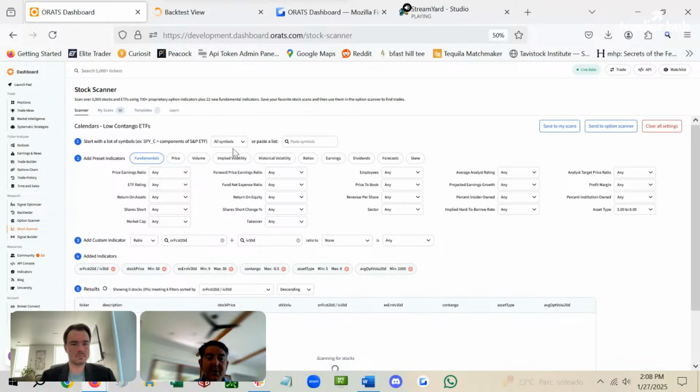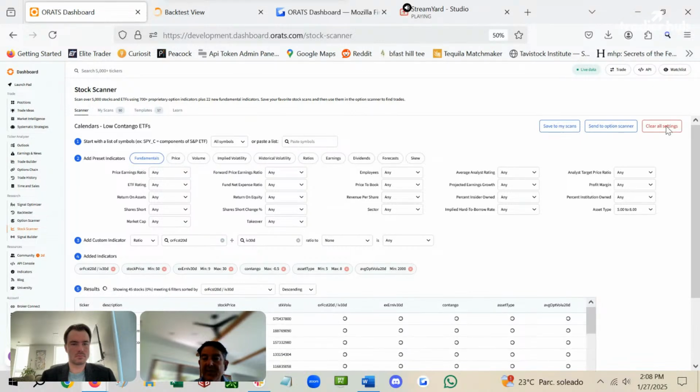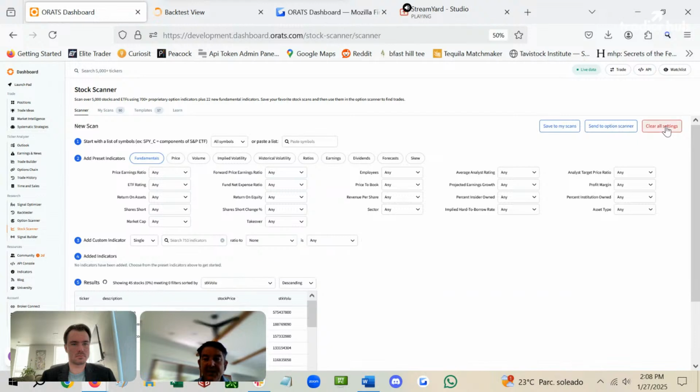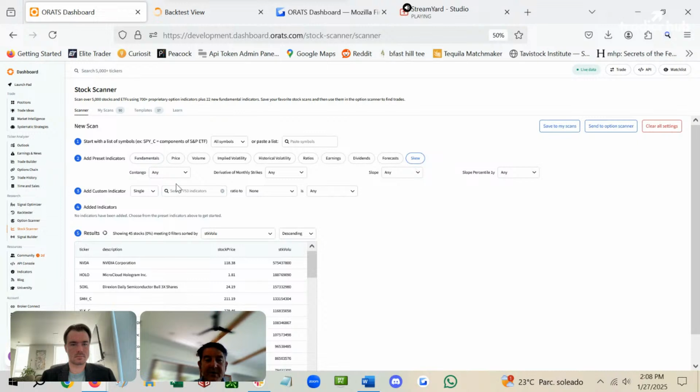So this is negative Contango. I will clear the settings, and I will look for skew, and in skew is Contango. We want some high Contango.